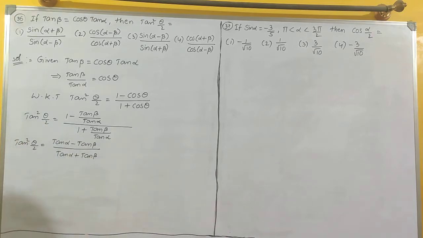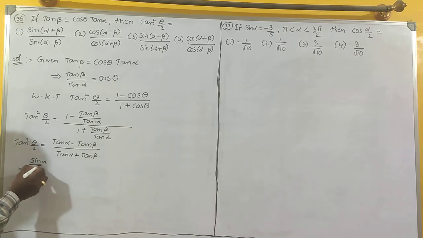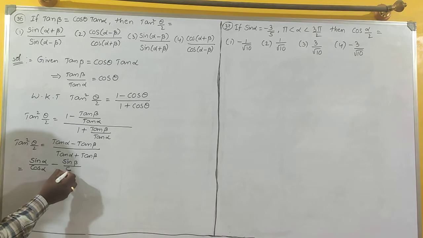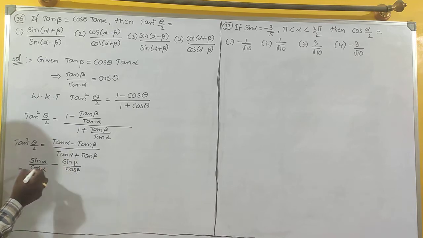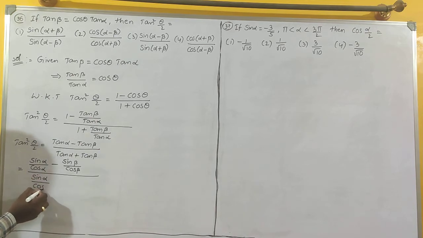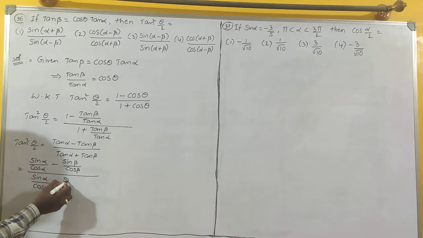Again, this tan can be written as sin by cos. That equals sin alpha by cos alpha minus sin beta by cos beta, in the denominator sin alpha by cos alpha plus sin beta by cos beta.